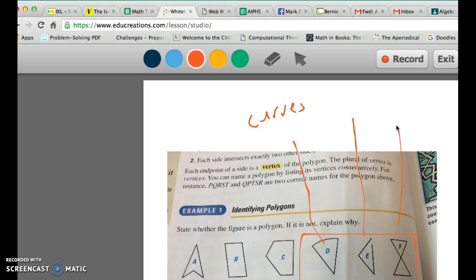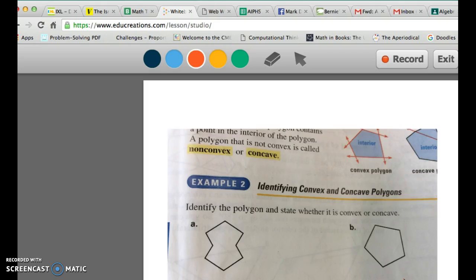Okay. The next example looks at convex and concave, and nicely they talk a little bit about that in the top picture. You can see a convex polygon, and what it's showing is that if you extend the sides, they never go into the interior.